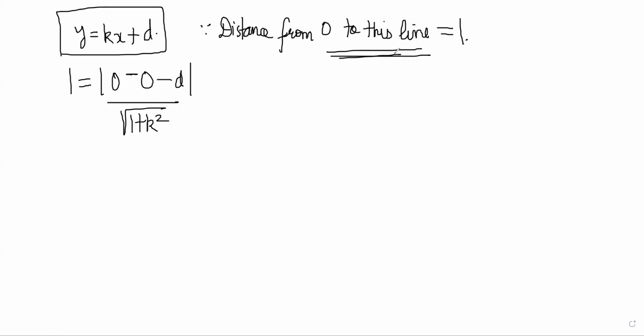We had said the tangent to the circle is this equation. So distance from center of the circle to this line equation is 1. So from there, we should get this relation.